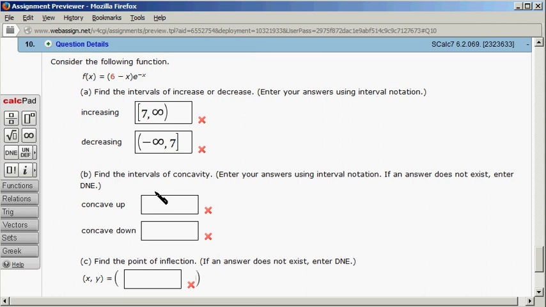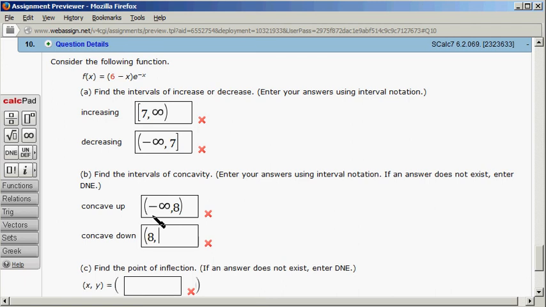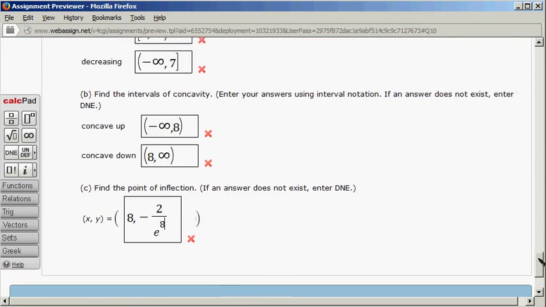Concave up on negative infinity to 8. Concave down on 8 to positive infinity. Then the point of inflection is 8 comma negative 2 over e to the 8.